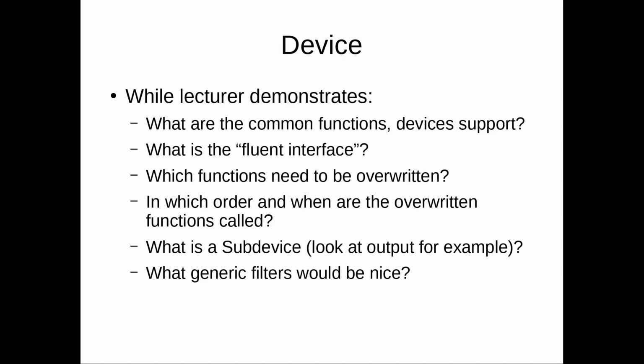So everything in IoTEmpower, which is kind of hardware, is a device. Or is a sensor. A device is usually a sensor or an actor or a mix of it. So while I show you the device, I want you to pay attention to what are the common functions that devices support.